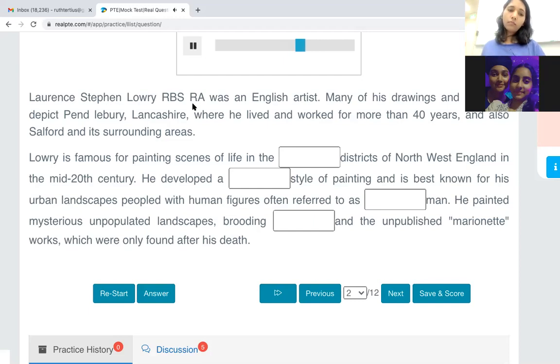He developed a distinctive style of painting and is best known for his urban landscapes peopled with human figures often referred to as Matchstick Men. He painted mysterious, unpopulated landscapes, brooding portraits, and the unpublished marionette works, which were only found after his death.